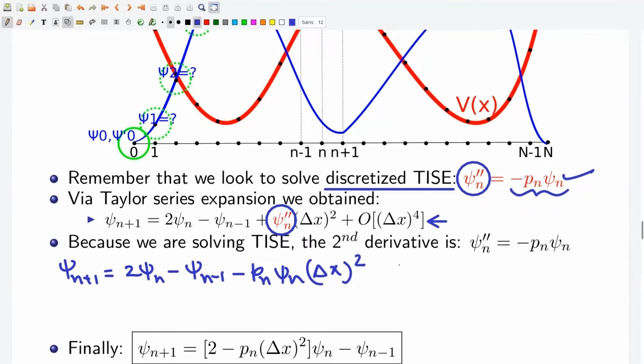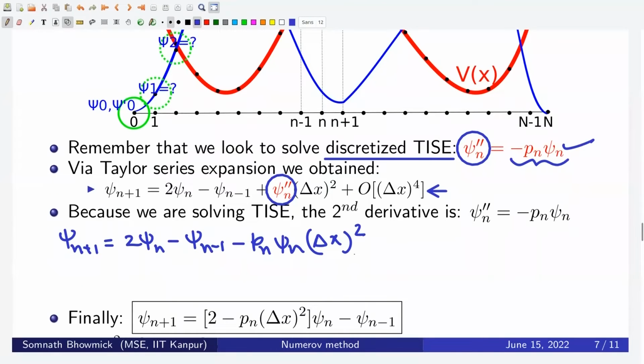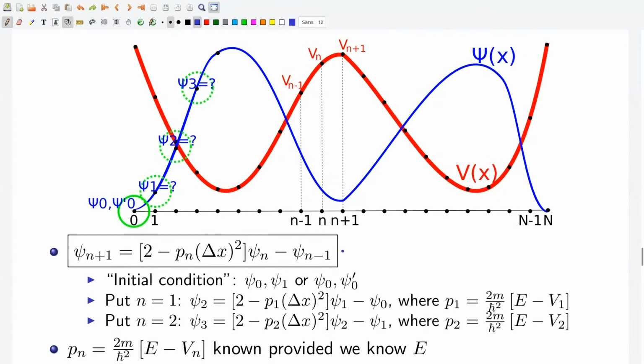And then we can just rearrange this equation and write psi of n plus 1 is equal to 2 minus Pn delta x whole square psi n minus psi n minus 1. So we are going to use this equation repeatedly to solve for the wave function. Let us put n equal to 1 and that gives us psi 2 is equal to 2 minus P1 delta x square times psi 1 minus psi 0.